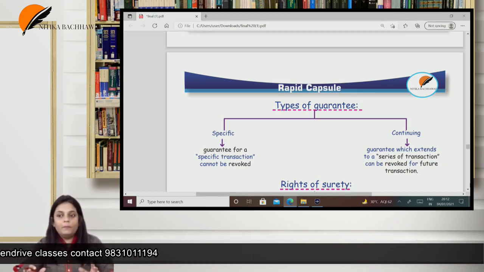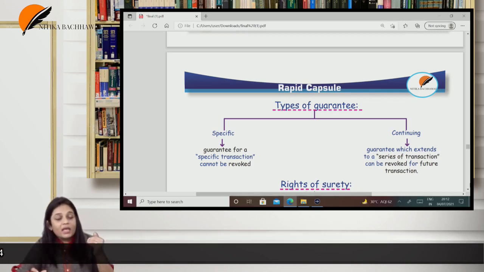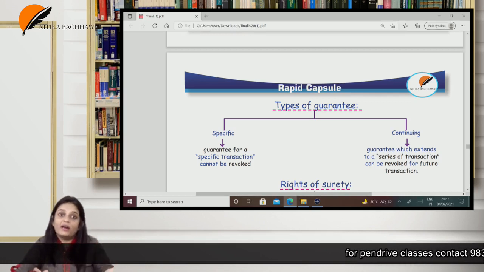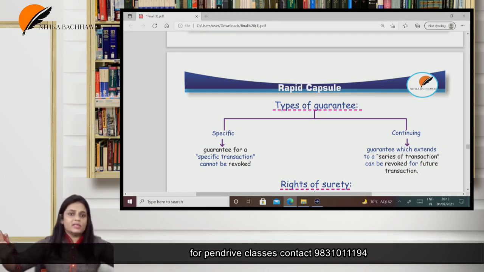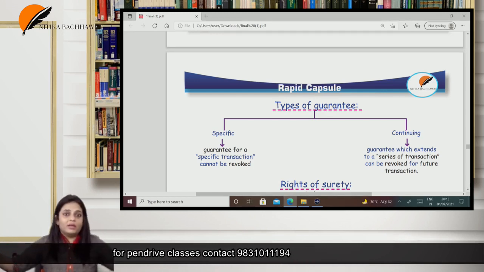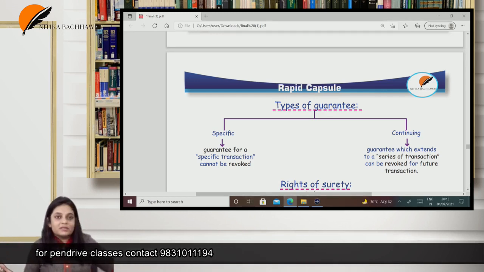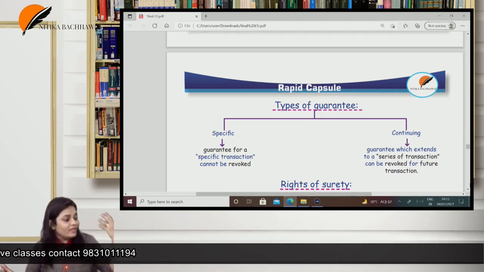Please understand, specific is for a particular transaction. I have already given the guarantee, and on that basis the credit has already arisen. Now can I take back my guarantee? Can I now go and say, I am not liable? That person had given that credit because of my guarantee. Can I revoke it now?